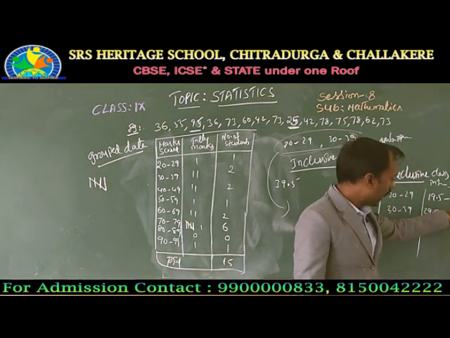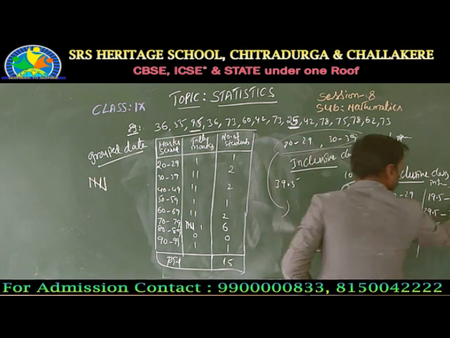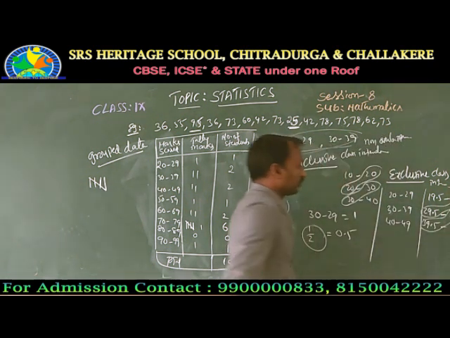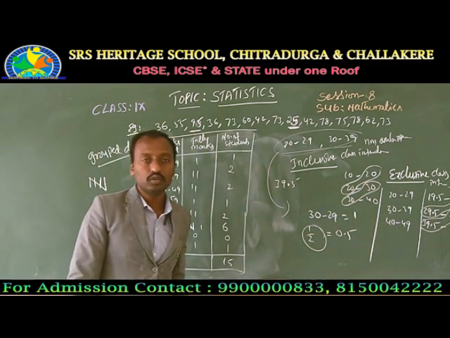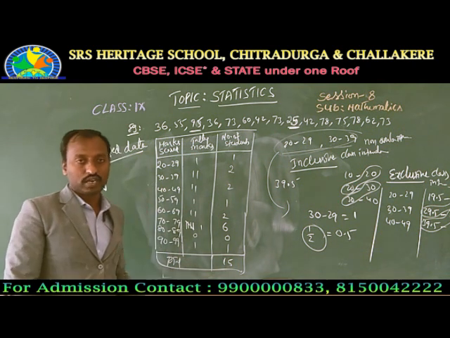Now see, the upper limit of a class and the lower limit of the next class are immediately the same or not? Yes. Now, those are exclusive class intervals. Every inclusive class interval is converted into exclusive class intervals.